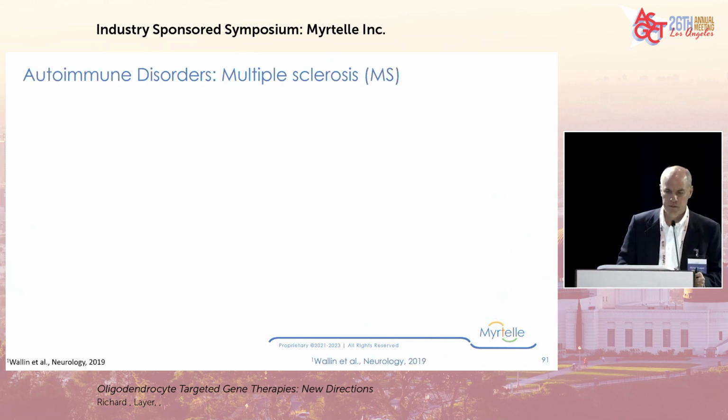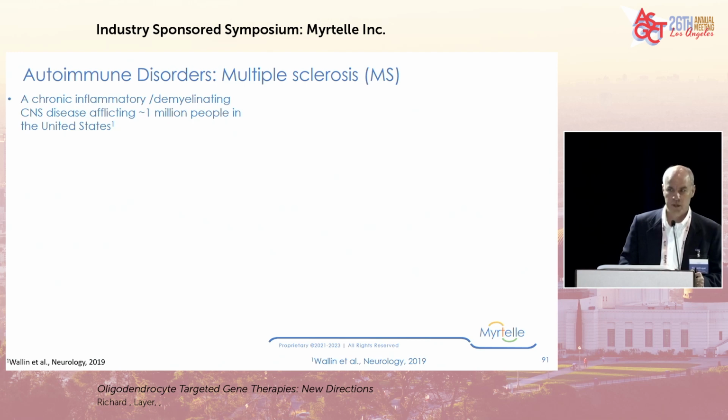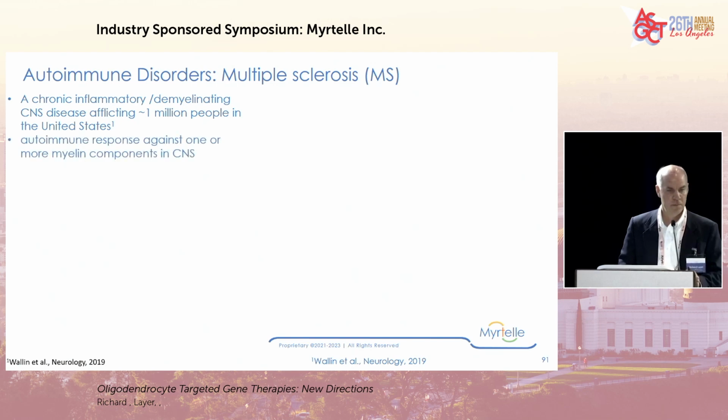Beyond the leukodystrophies, oligodendrocyte dysfunction appears to be playing a role in other neurodegenerative diseases like multiple sclerosis, which is the most common demyelinating disorder, with approximately 1 million patients in the US. The prevailing view of multiple sclerosis is that it begins with the peripheral nervous system in what some call the outside-in view.